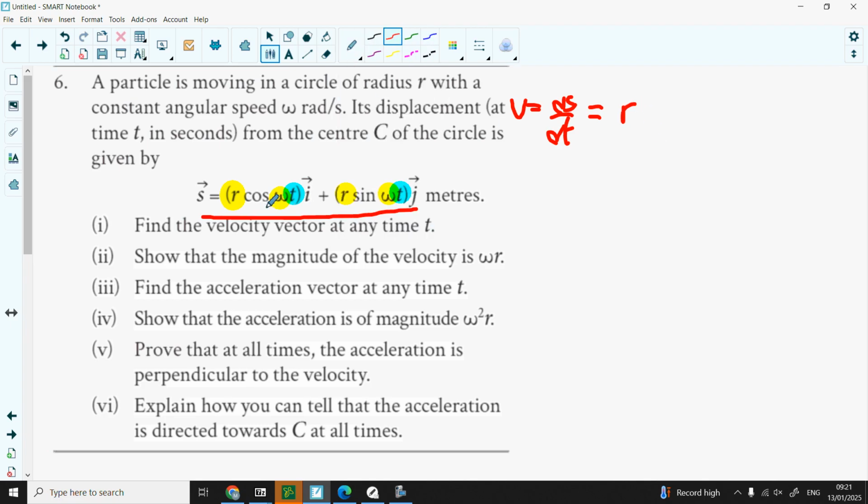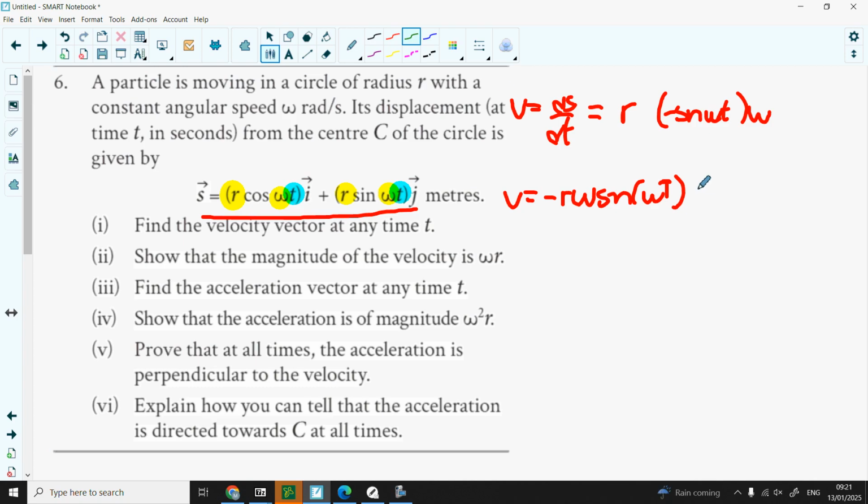So what happens when you differentiate cos omega t? What does cos turn into? Minus sine omega t, yeah? But then you have to differentiate the angle. Did you get omega? Okay. So who in the class got a velocity of minus r omega sine omega t?